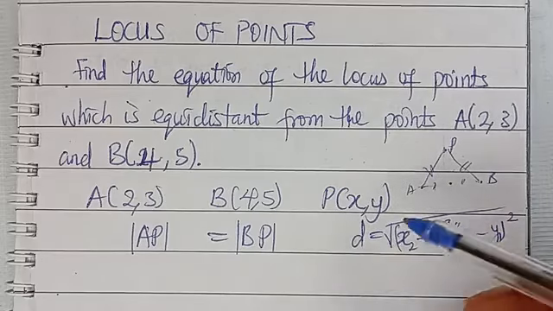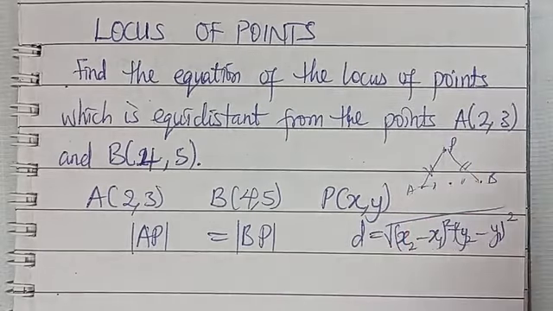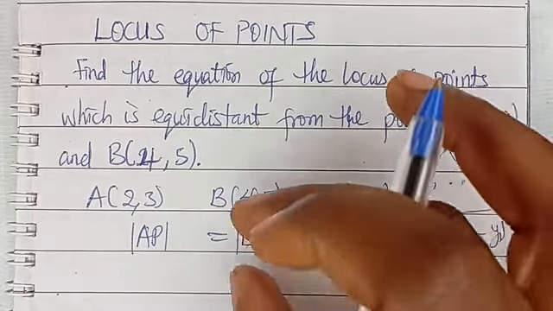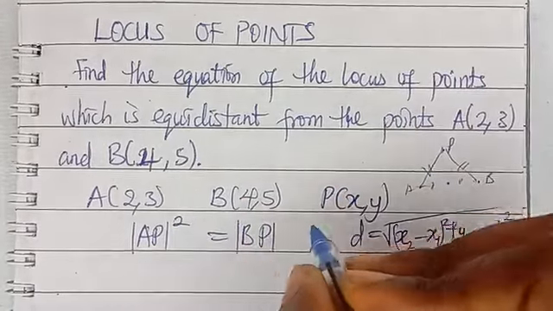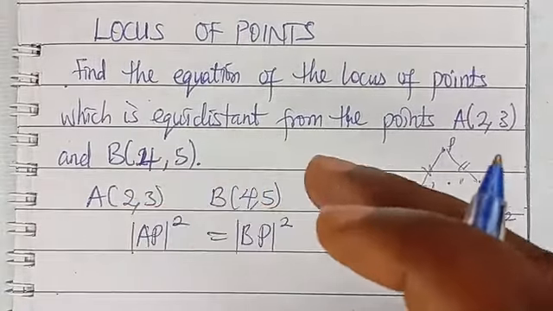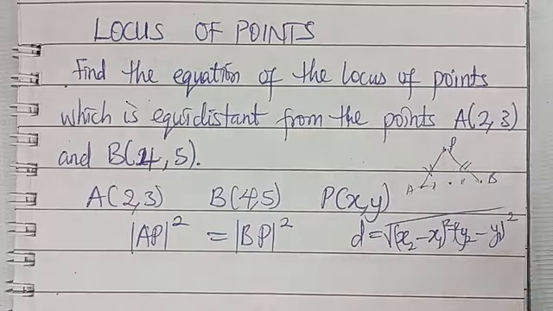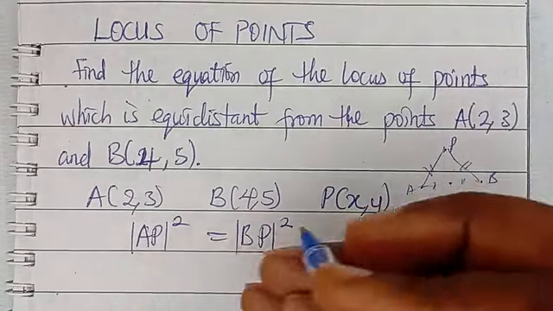That means if we square both sides, the distance squared is equal to this squared plus this squared. Now we want to say that this distance is equal to this distance. So the distance squared is equal to this squared plus this squared. Now let's write out this equation for both sides.